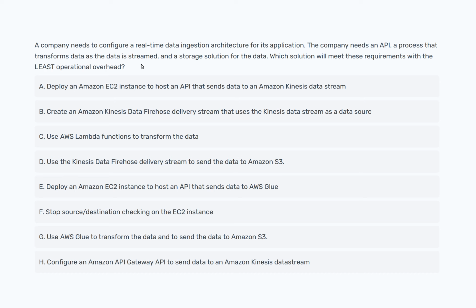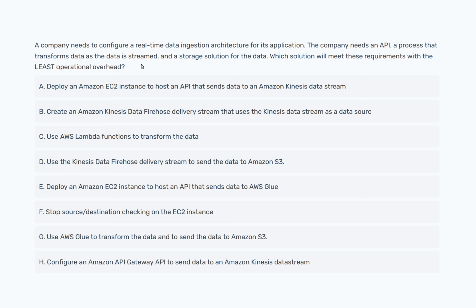Least operational overhead means we need to find a solution with a solutions architect's mind, right? To make sure there's not much manual maintenance, so possibly a lot of things automated, right? Real-time data ingestion is coming up, so we might be getting a lot of data.